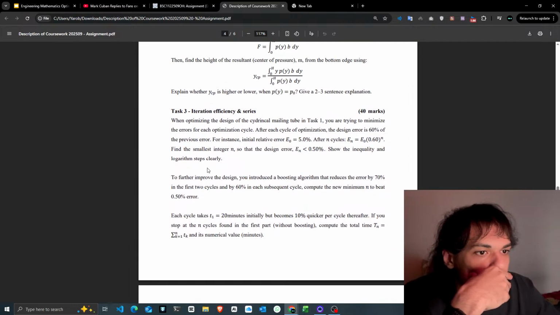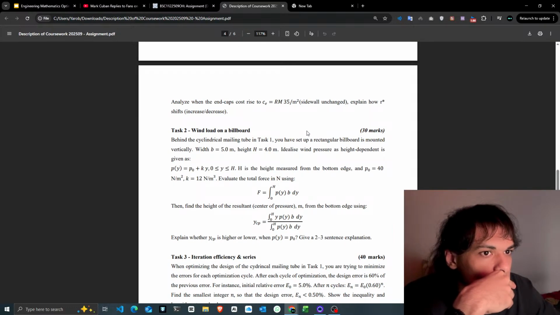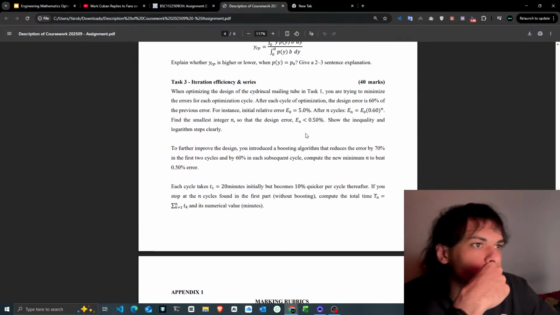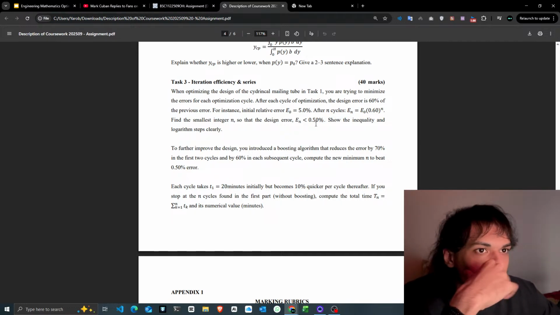So the question says, when optimizing the design for a cylindrical mailing tube in task 1, you are trying to minimize the errors for each optimization cycle.